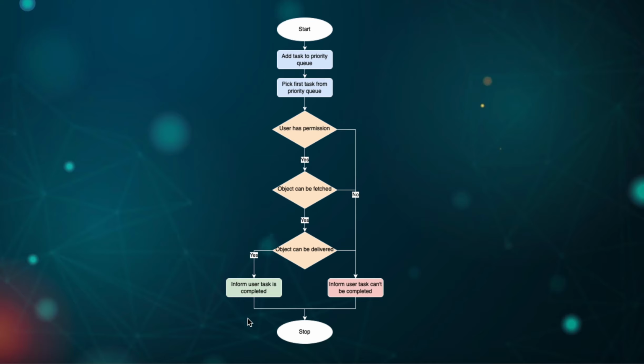So let's go over how EthioFetch makes a decision. When a user asks EthioFetch to fetch something, EthioFetch adds that request to a priority queue. And then it picks the first task from the priority queue.